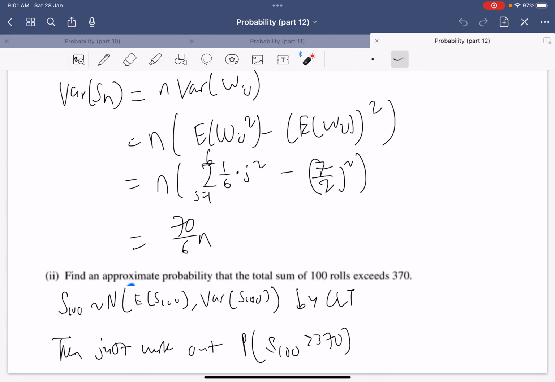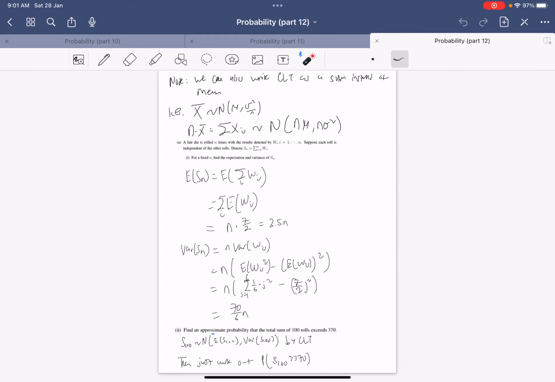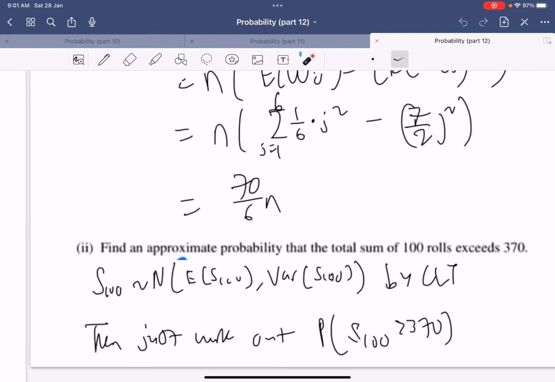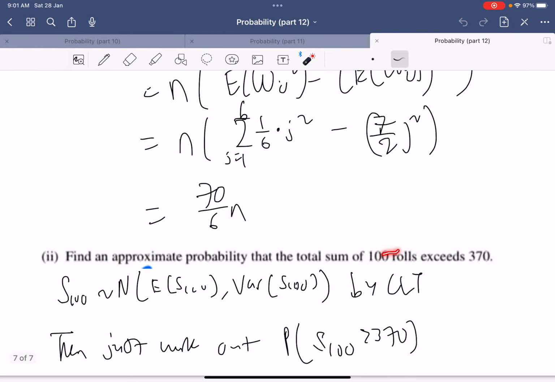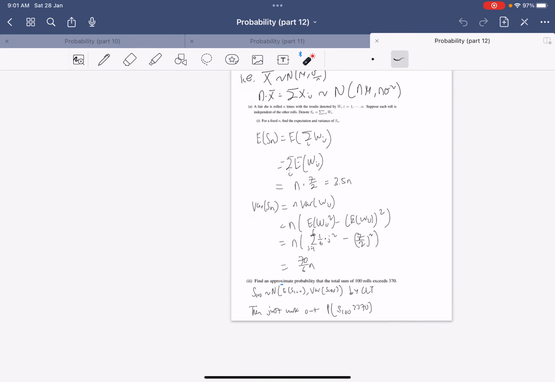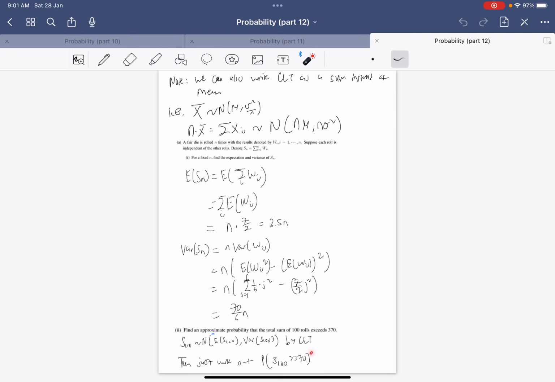That's quite clear. But if we want to find the approximate probability that the total sum of 100 rolls exceeds 370, because the number of rolls is large, typically more than 30 or 20, the sum of 100 will be approximately normal, and the expectation and variance of S100 are as follows. We find the expectation of S100 using this formula, and the variance of S100 using this formula.